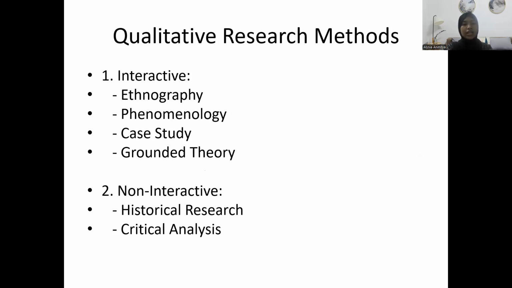And next is the non-interactive research method. There are two types of this research: historical research and critical analysis. Historical research is for analyzing past events and past trends.